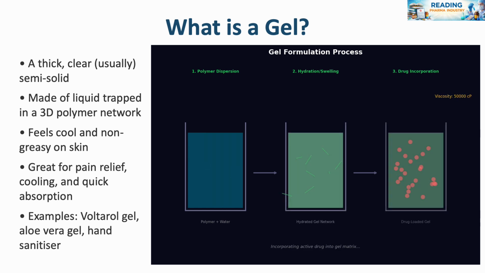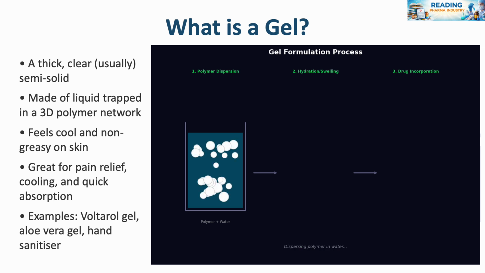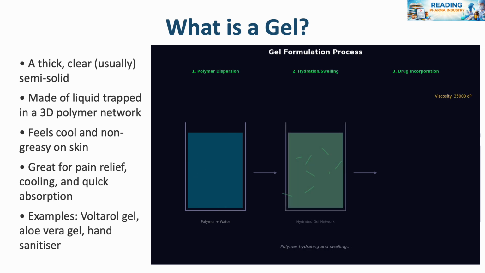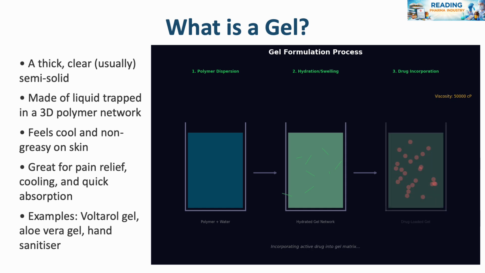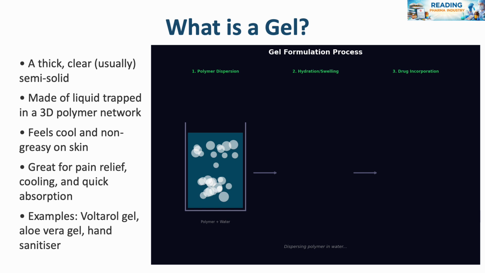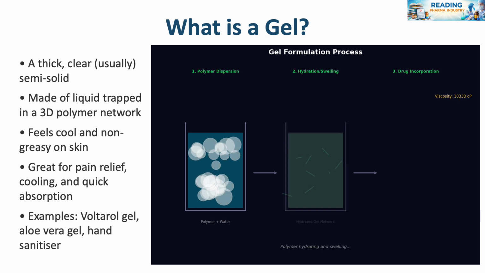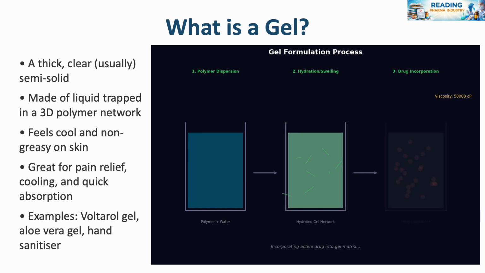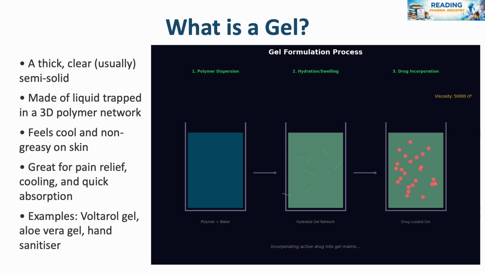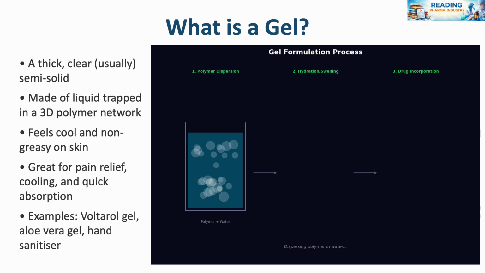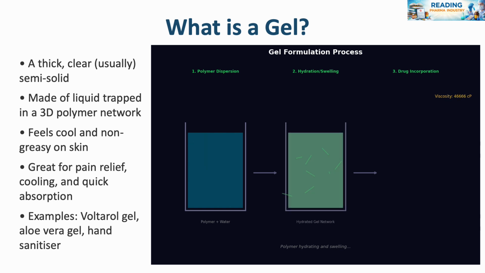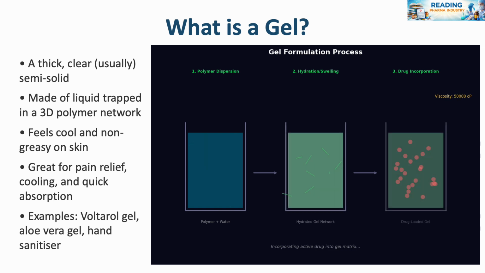So a gel is a thick, clear, semi-solid formulation or dosage form, and as it says, it is made up of this 3D polymer network. It feels cool and non-greasy on the skin, and that gives it a strong application, especially in wound healing or in the treatment of burns. It can help with increasing absorption.